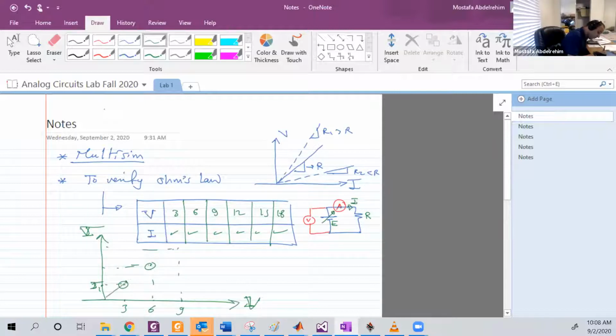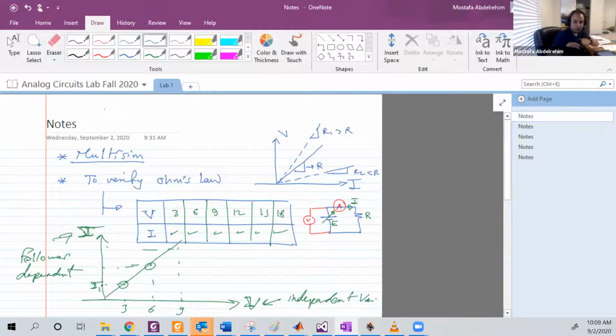Then draw these dots together and measure the slope. In that case, I is the follower, or the dependent variable, we can say. V is the independent variable because we change V, okay?